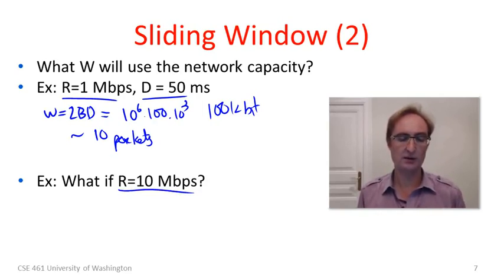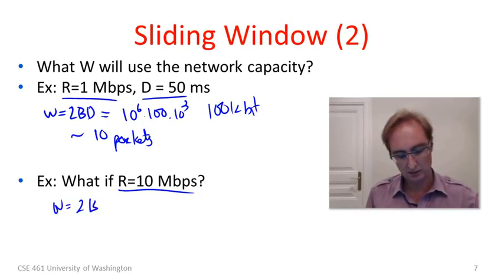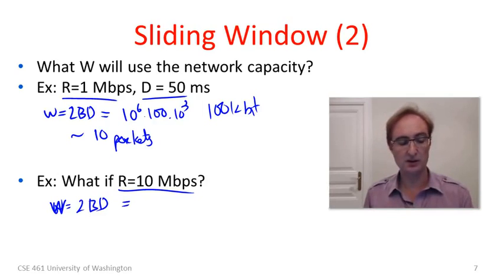Now, what if we increase the rate to 10 megabits per second? Well, I could do my W equals 2BD calculation again. And actually, the only thing that's happened is the rate, which is the B in this equation, has gone up by a factor of 10.